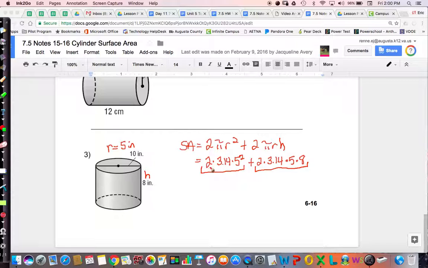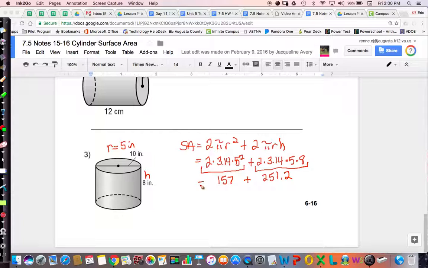If I'm typing this into my calculator, I do 2 times 3.14 times 5, and I hit the x squared button. And that will give me 157. And just a reminder, if you don't have the x squared button at home, you would type in 5 times 5 when you get to this part. Okay, now type this part into your calculator and you would get 251 and 2/10.